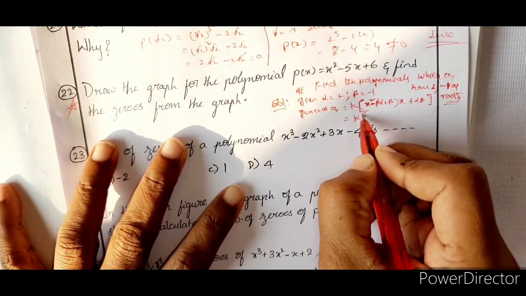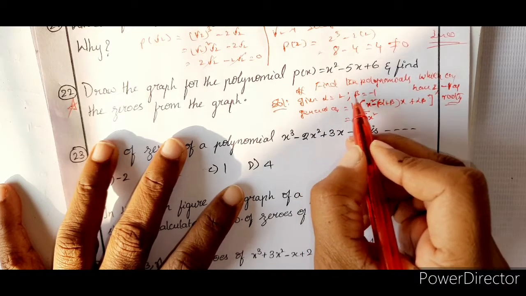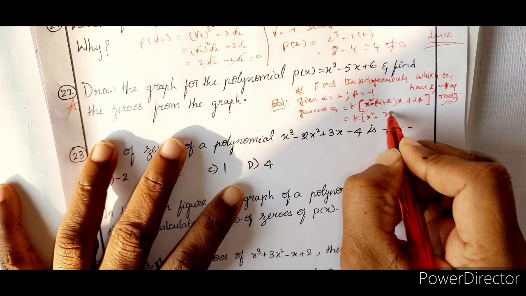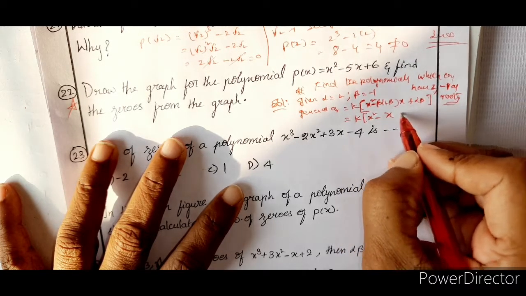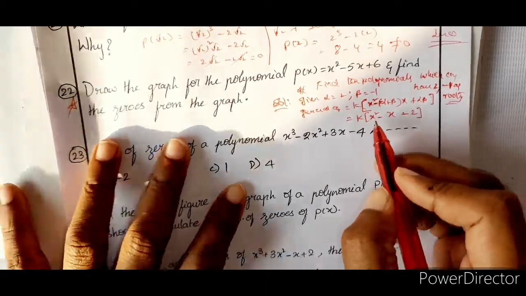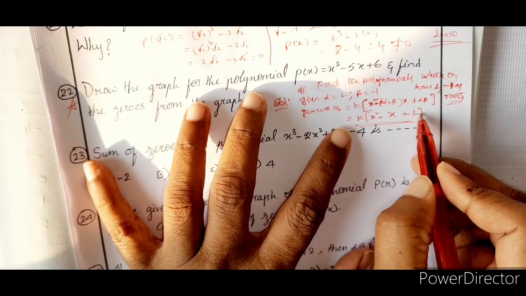So now k into x square minus of alpha plus beta. Alpha plus beta is 2 minus 1, right? It is 1. 1 into x is x. Plus alpha into beta, 2 into minus 1 is minus 2. So you got the general polynomial as k into x square minus x minus 2.